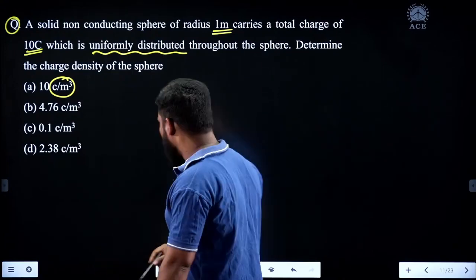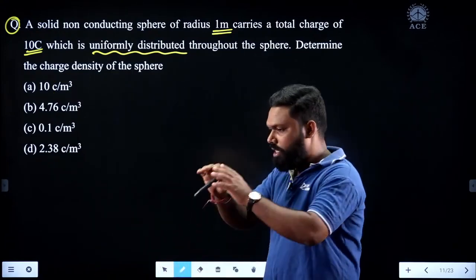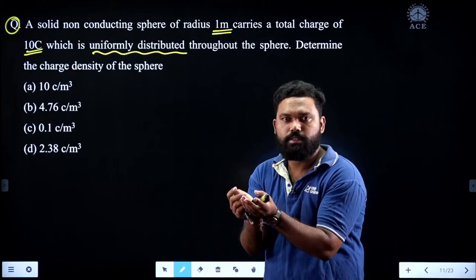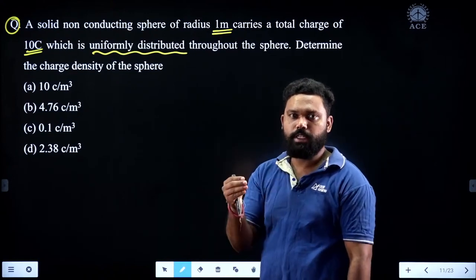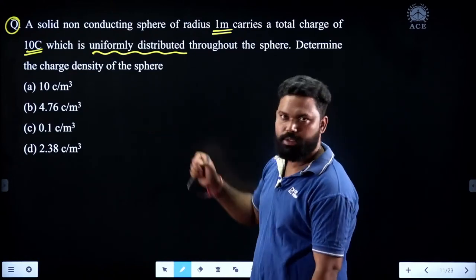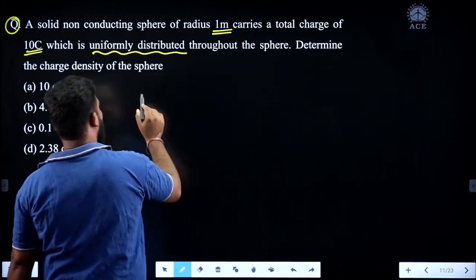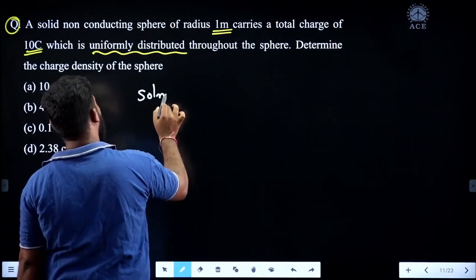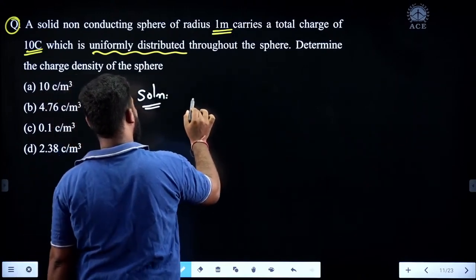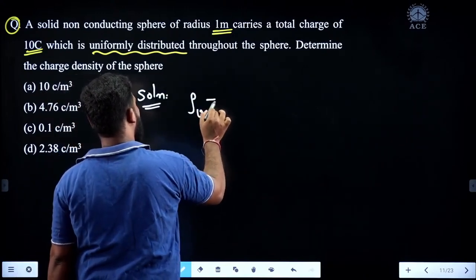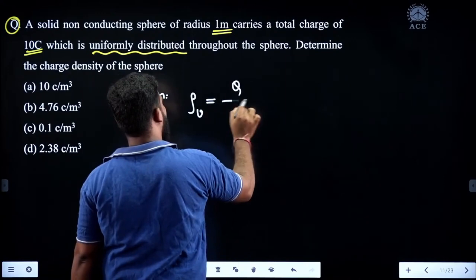It is asking charge per meter cube. So the charge is distributed inside the sphere. You can check out the options. Charge per meter cube is called volume charge density, or simply volume charge. So volume charge is equal to Q by volume.